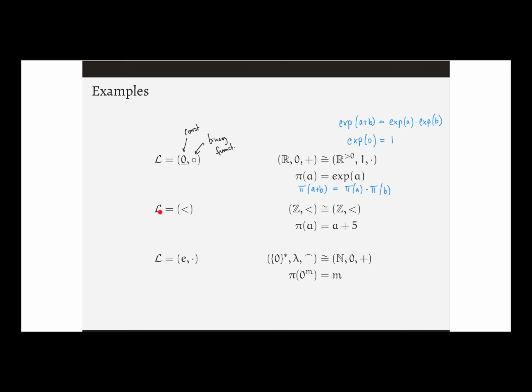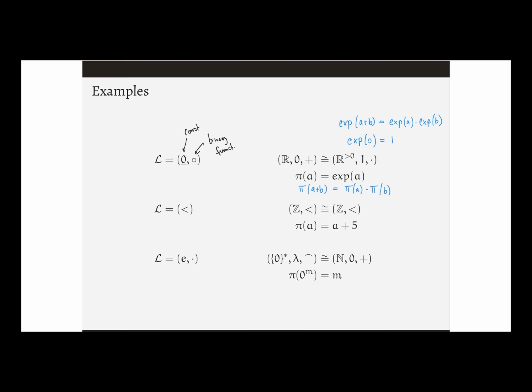Next, let's look at the language of orders. Let's take the structures actually to be the same on both sides. There, of course, the identity is always an isomorphism, but there can be isomorphisms, or in this case, of course, automorphisms that are not the identity. In this case, we could look at just taking an integer and adding 5 to it.